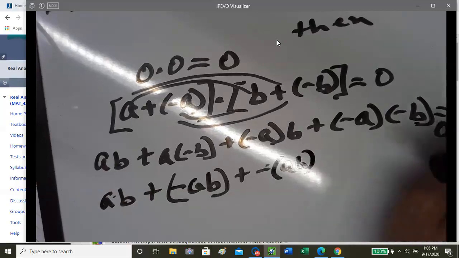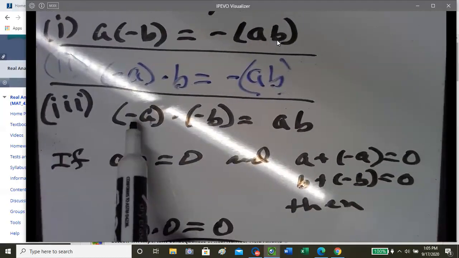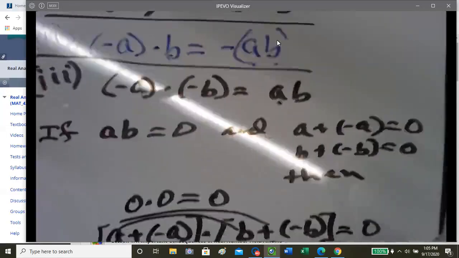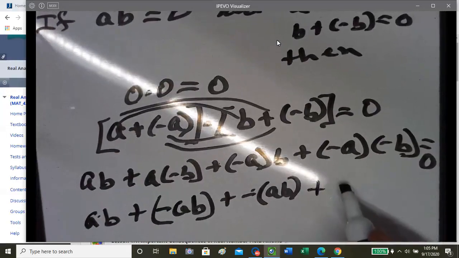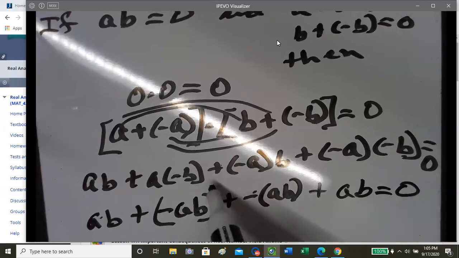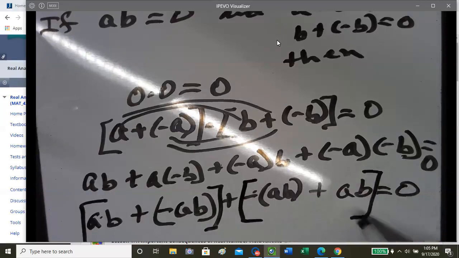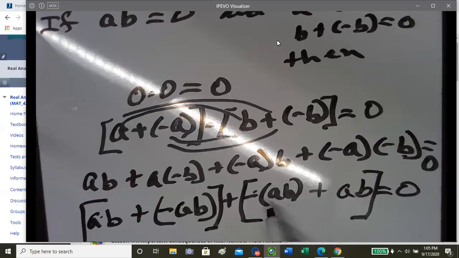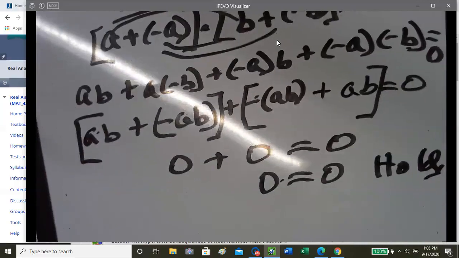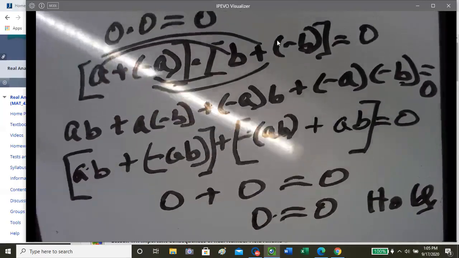And we're saying that a negative a times a negative b is a times b. So negative a times negative b is ab. And so now if we group these together, ab plus a negative ab, that's 0. And negative ab plus ab, that's 0. So 0 plus 0 is 0. So 0 equals 0, and it holds. And that's our proof for all three.